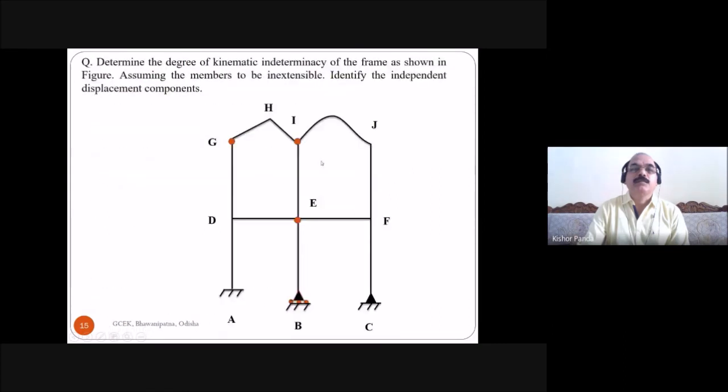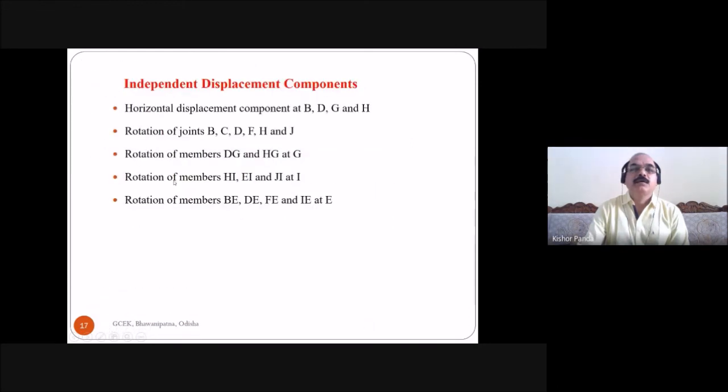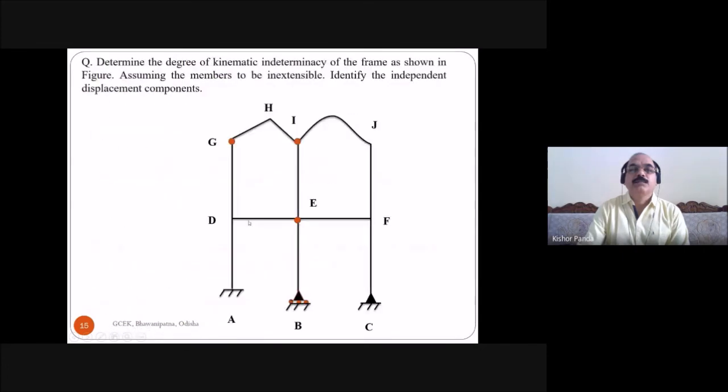Similarly, at I there are 3 members, so rotation of members IH, IJ and IE: rotation of members HI, EI, JI at I. Then rotation of members BD, FE, IE at E. At the end of this member rotation here, rotation here, rotation here, rotation here. So these are the rotational displacements here at E.